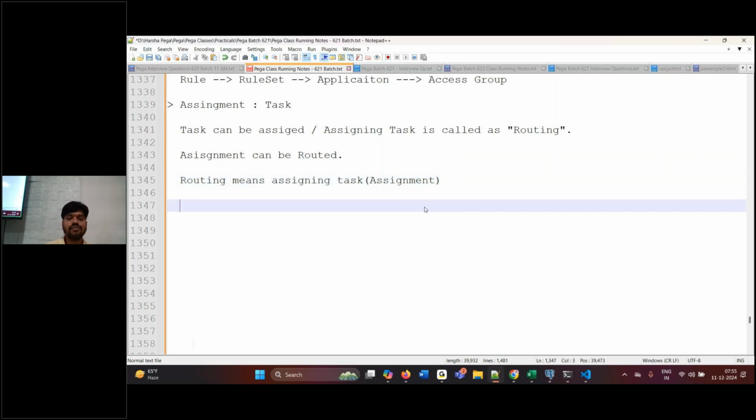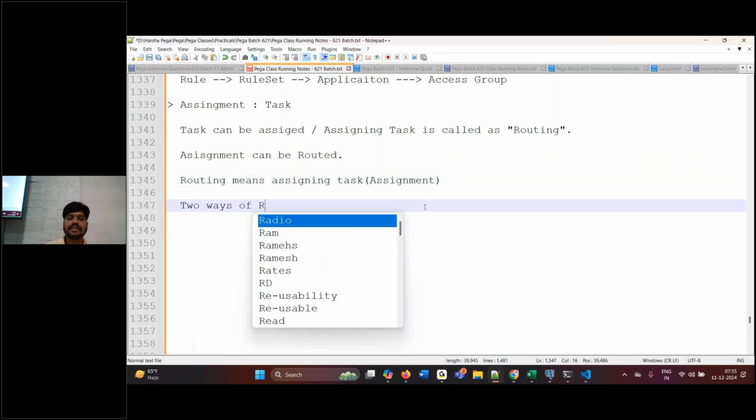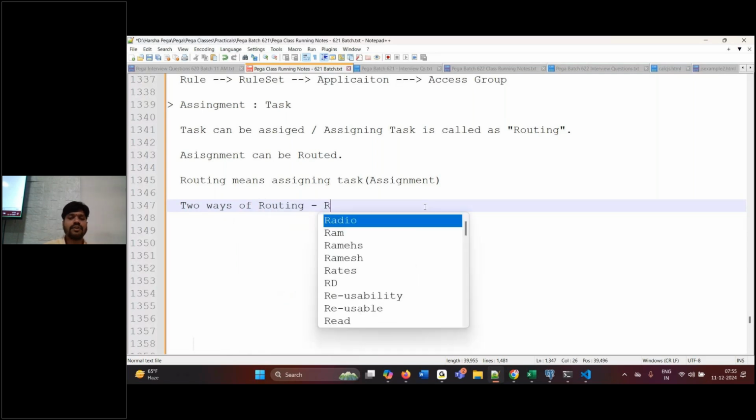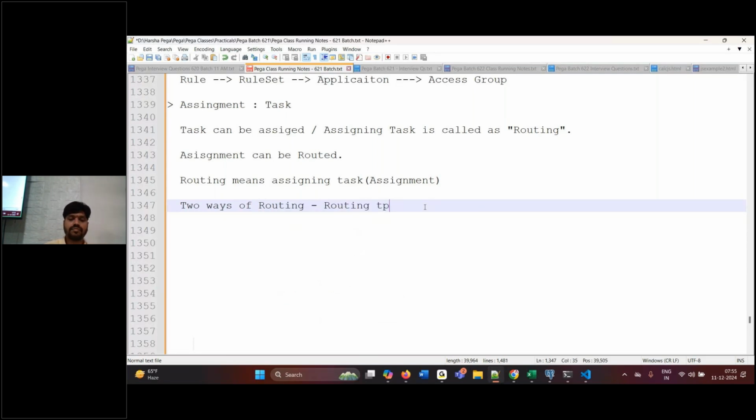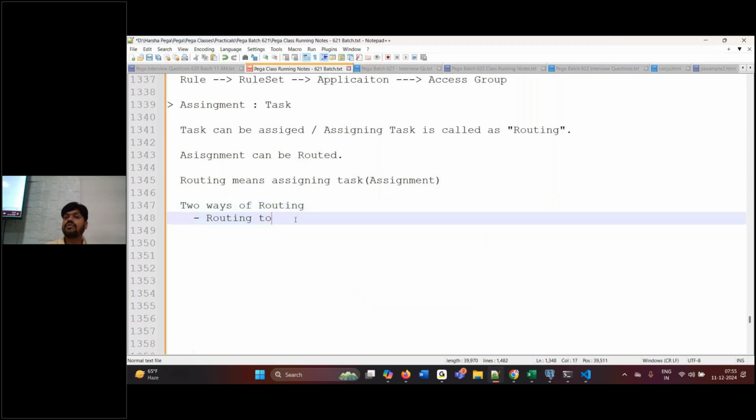So these are the two ways of routing, just an introduction. Types of routing is different; I am talking about ways of routing, two different routes.